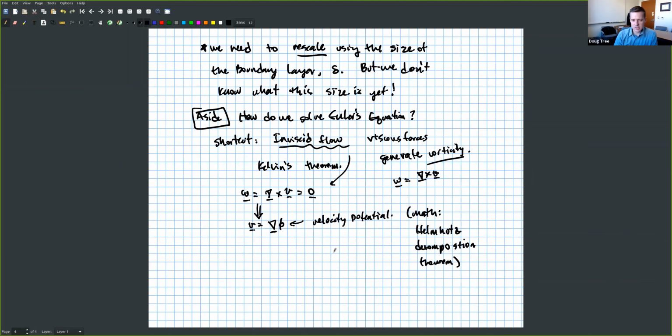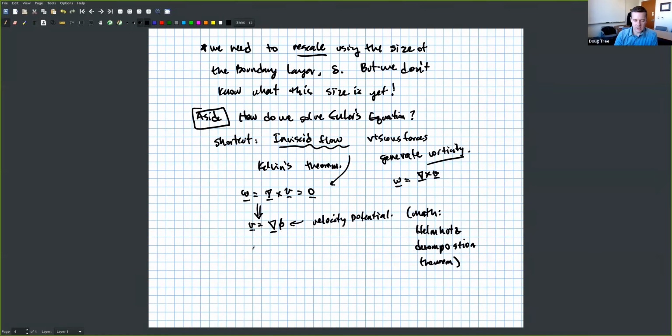But basically, the Helmholtz decomposition theorem says that you can divide any vector field into a part with a curl and a part with potential, like this. This is a valid way to decompose any velocity field. And so because of this, if you know that the curl is 0, then you can say that the velocity has some velocity potential, okay?